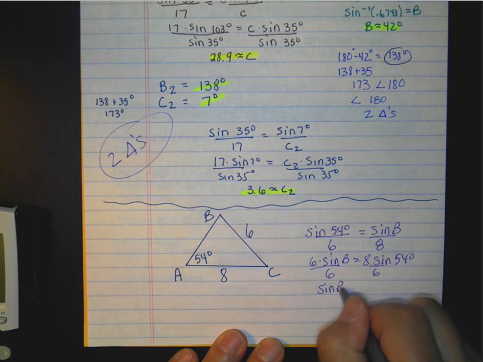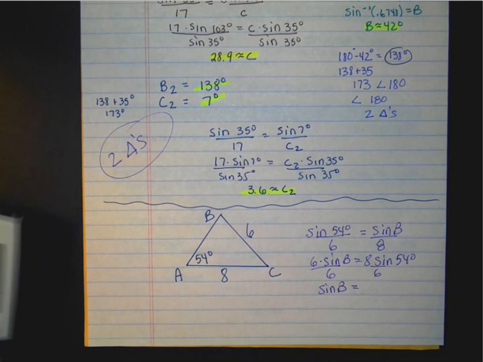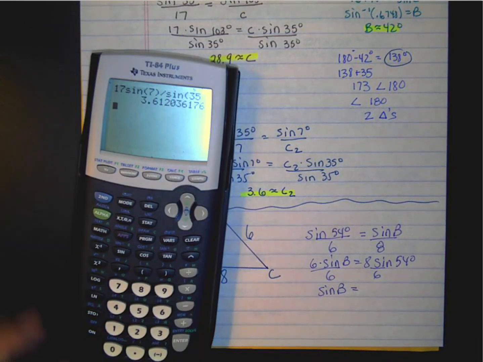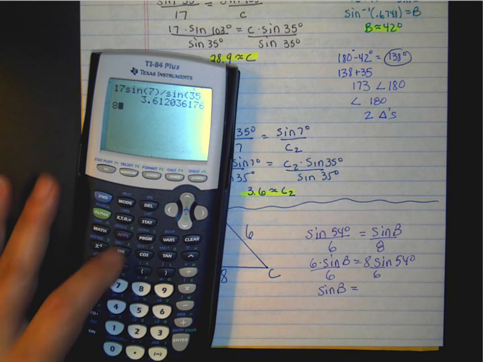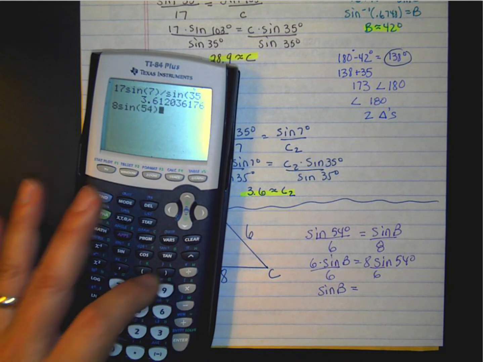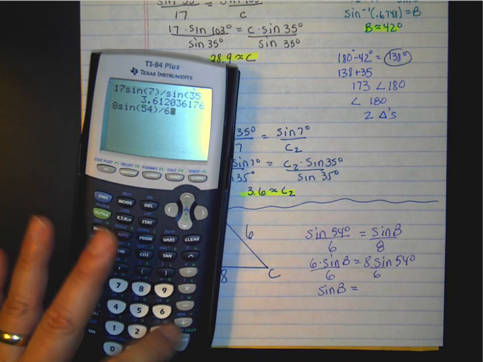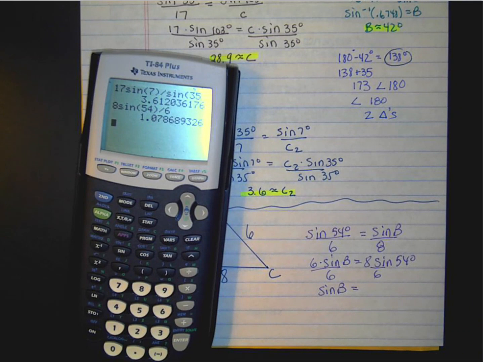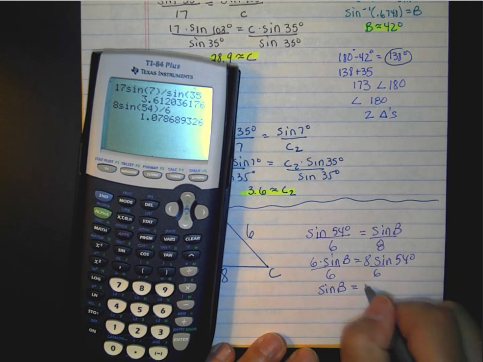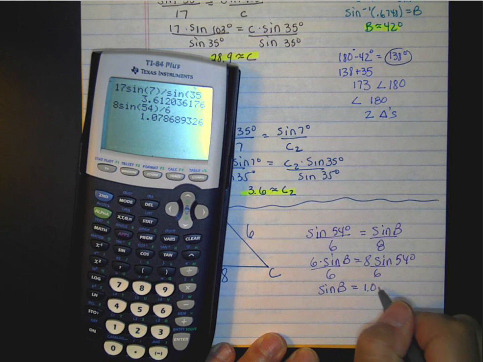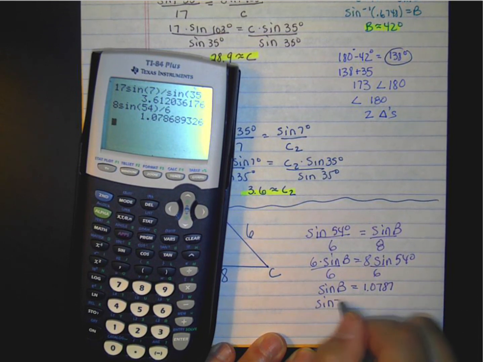Sine of B equals, pull up the calculator, 8 sine of 54 divided by 6 equals 1.0787 roughly. So we got to do the inverse since we have the value.